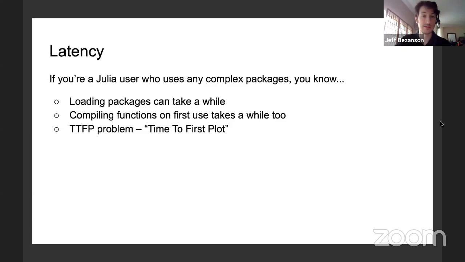All right, so moving on to Julia Hacker News and Twitter bingo topics. This is something I think about every day. I worry about it every day. People are always talking about the latencies that you get in Julia, the infamous time to first plot problem. So this is something we've been focusing on a lot, actually.